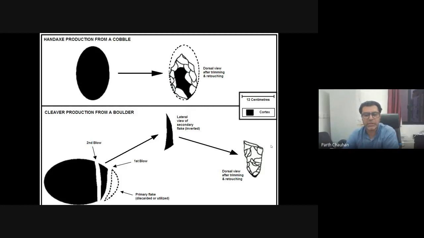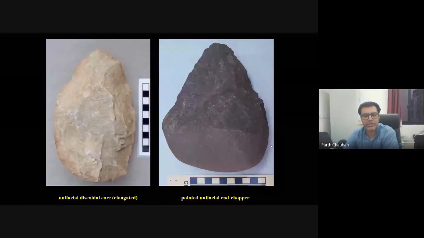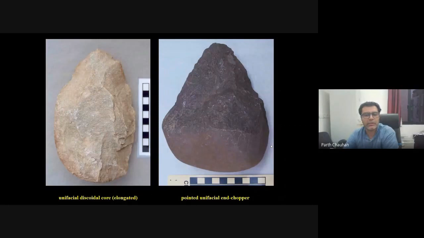Here's an example of things that look like bifaces, but actually they're unifaces from Soanian assemblages. And this shows that they were using a facial flaking strategy, just like in Acheulean. But no typical Acheulean artifacts are known from Shivaliks, from Soanian.